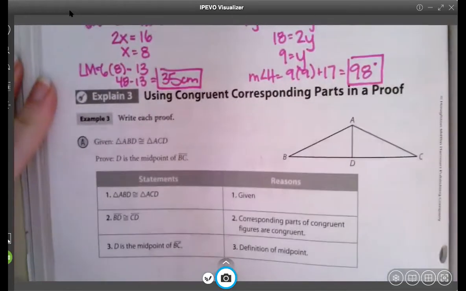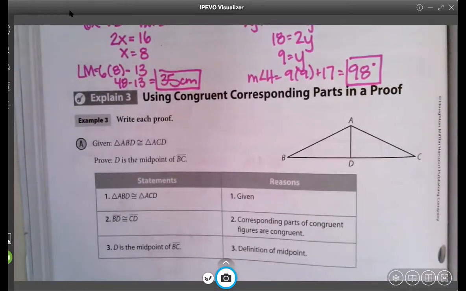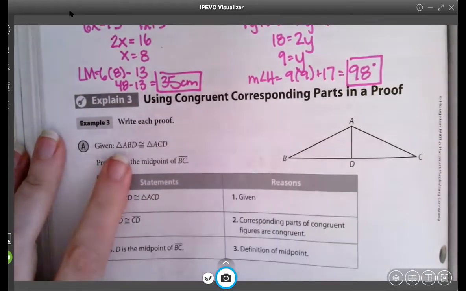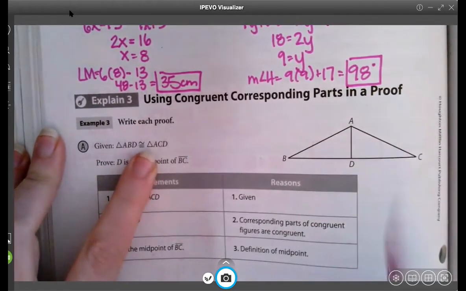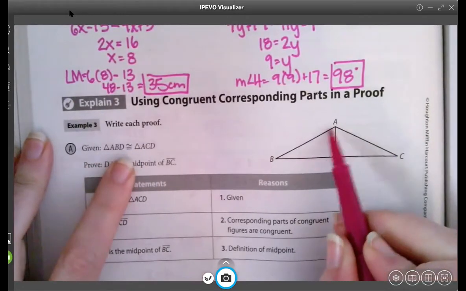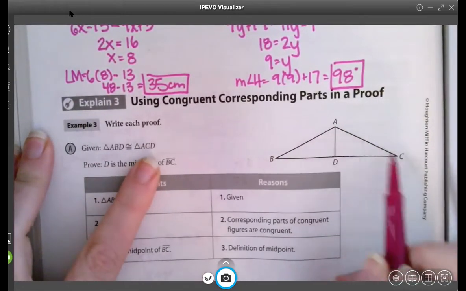Okay, so let's talk about the proofs. Mostly what we're trying to do is we're trying to see where in our proof CPCFC turns up. We're trying to see if we can identify those parts, because everything else we've really already done. So on this example, we have given that triangle ABC is congruent to triangle ABD. So here's ABD and here's ACD.